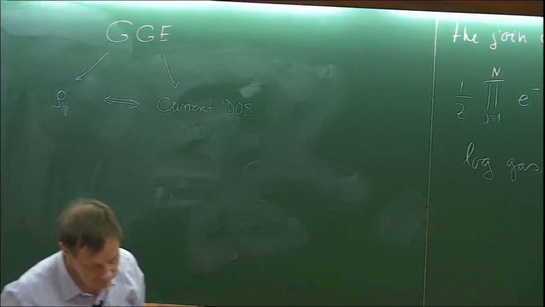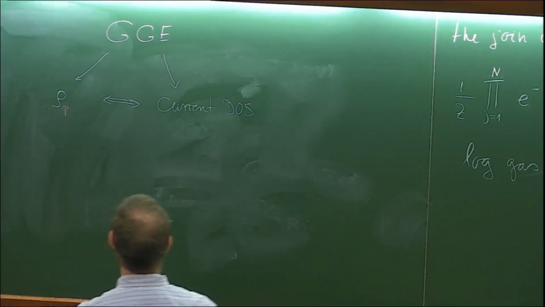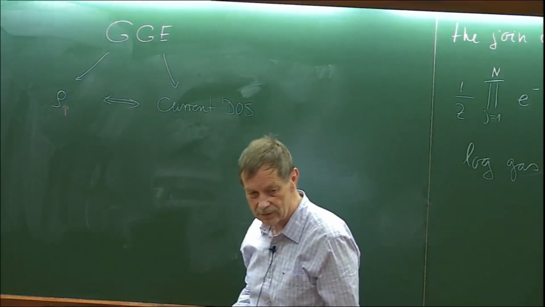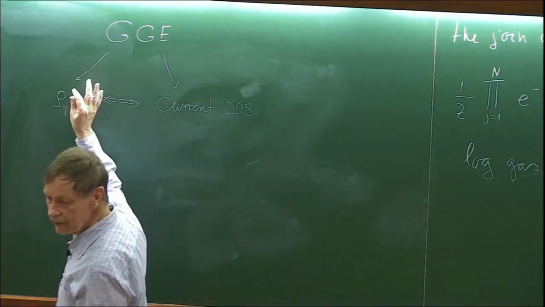At least I don't know how to do it, and maybe not so many people have looked at that, but I certainly tried, and I don't know how to do it. So we have to think about something else in order to get our hydrodynamic equation, right? On this side we are in very good shape.